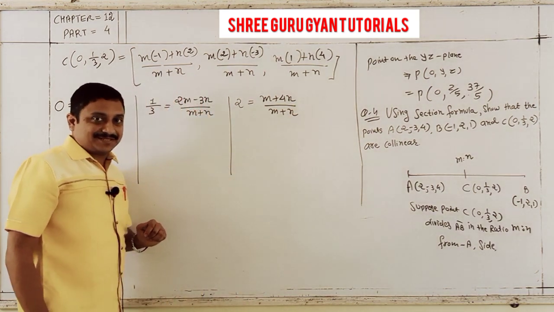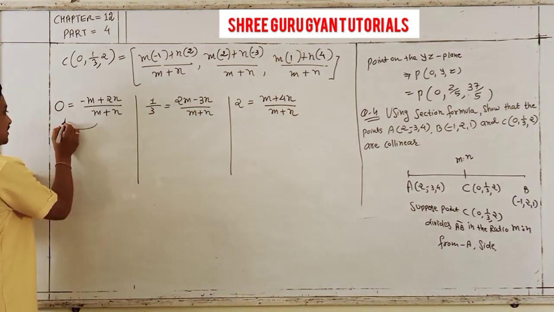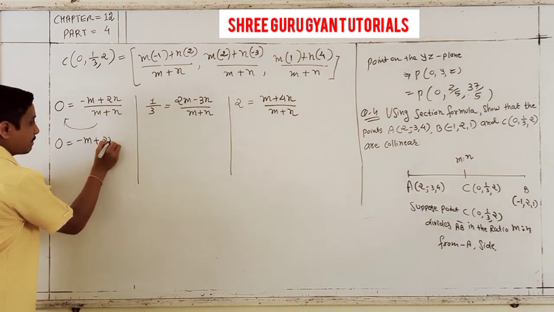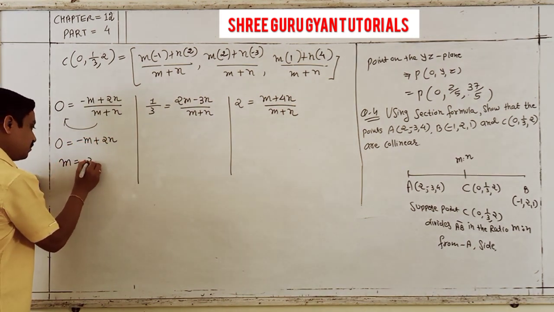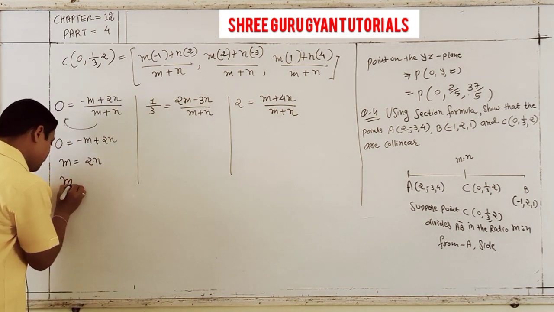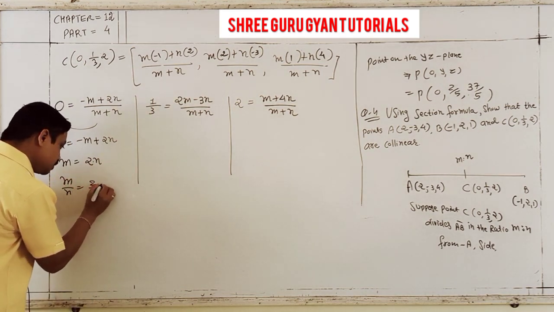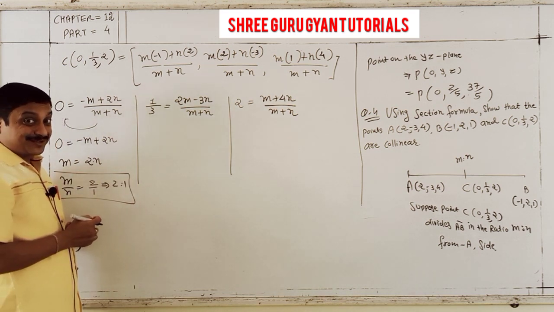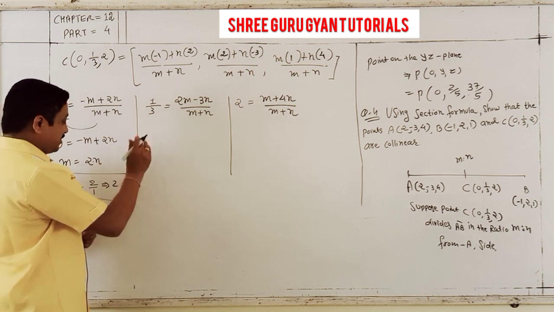So my answer for this: cancelled, 0. Here minus m plus 2n, m becomes 2n, m is equal to 2n. So, students, m to n is 2 ratio 1; it is confirmed non-zero and also not minus 1. So these answers are true.